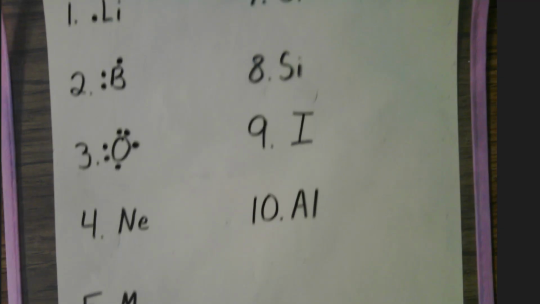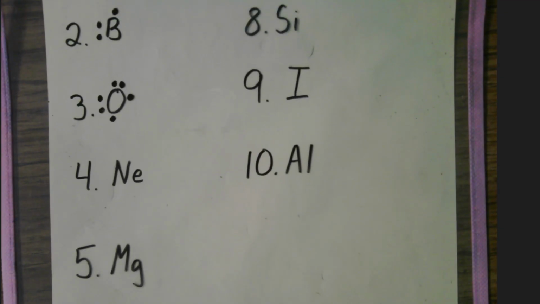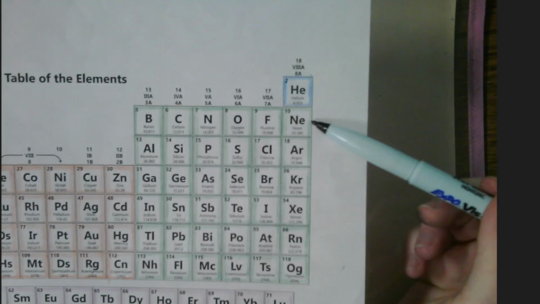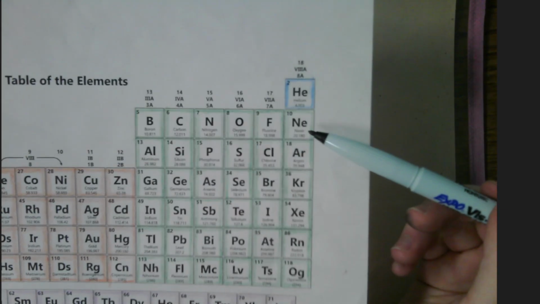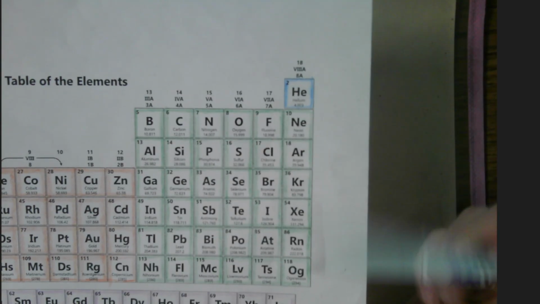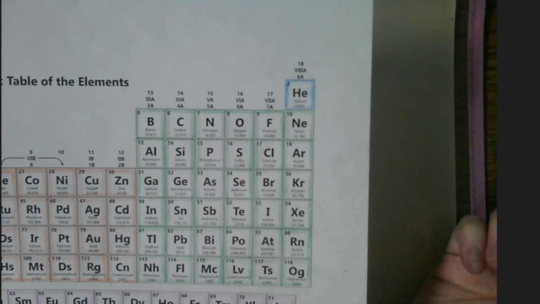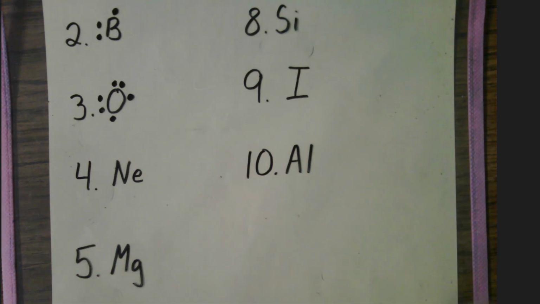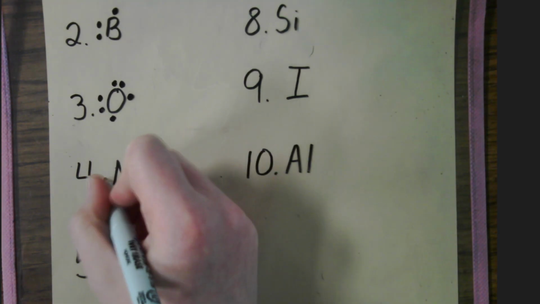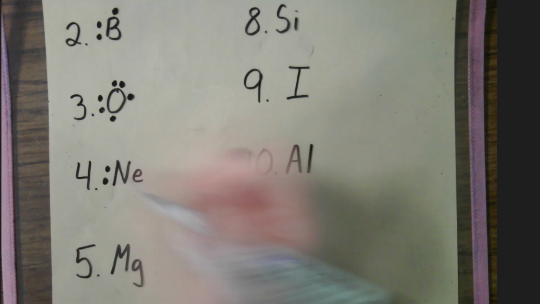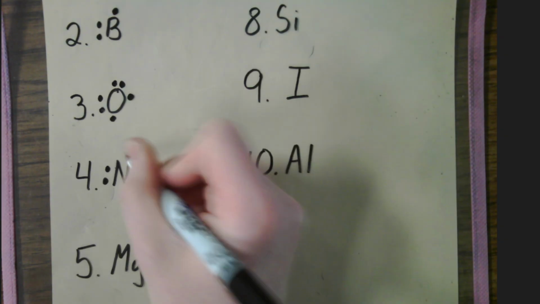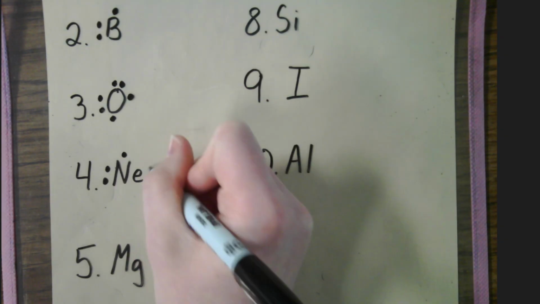Let's look at neon. Now, neon's a noble gas. Neon is over here. It has 10 electrons total, but since it's in this last row, its valence electrons are 8. It has 8 valence electrons. So we're going to put our first 2 here as if to fill up our s orbital. Then we're going to go every other.